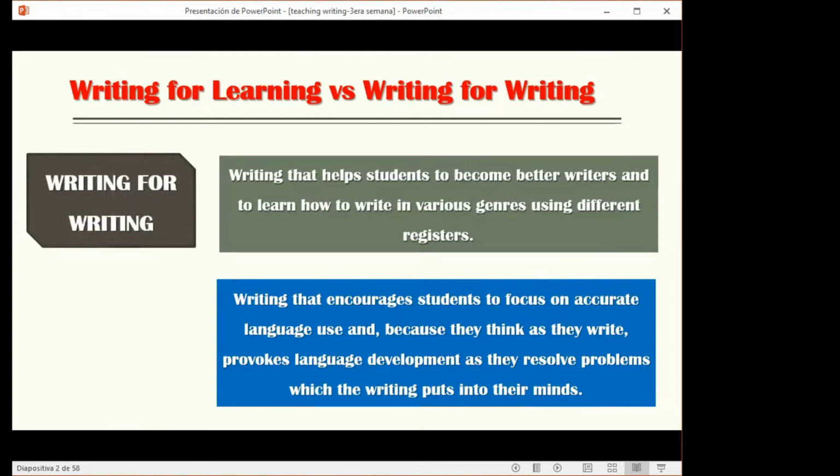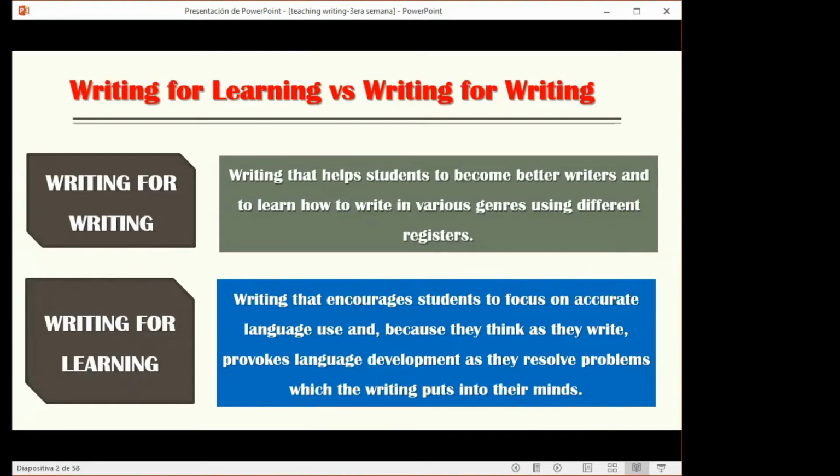So notice, writing for writing is that you make your students write to become better writers, and they are going to learn how to write in various genres. Remember, genres are the different types of text that they are going to write, and in different registers.